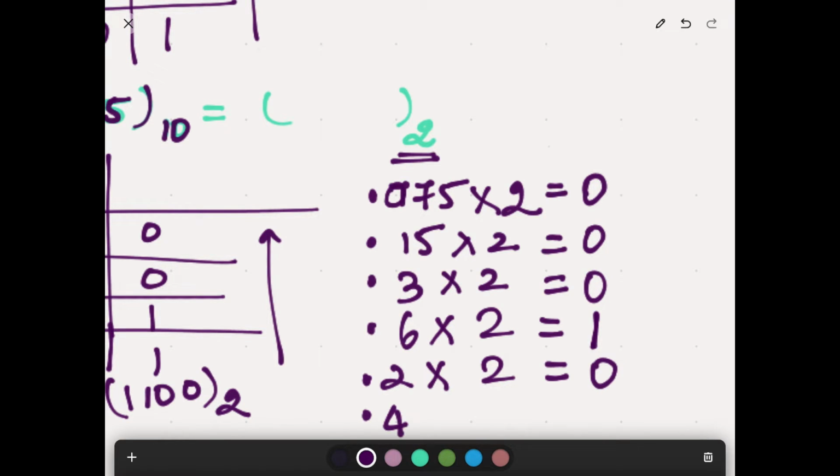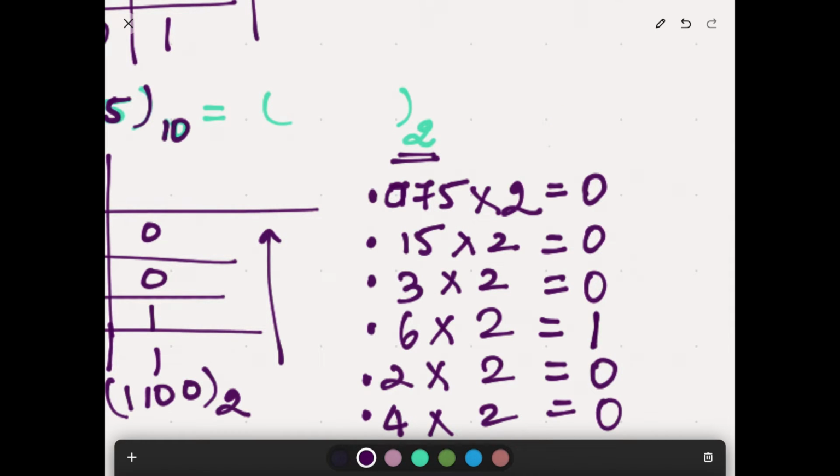Whatever number is before the point, we are going to keep it in the answer, and the numbers after the point come here. Because 0.6 into 2 gives us 1.2, we keep the 1 after the equal sign, and take the 0.2 and again multiply it by 2. Going ahead, 0.4 into 2 again gives 0.8.